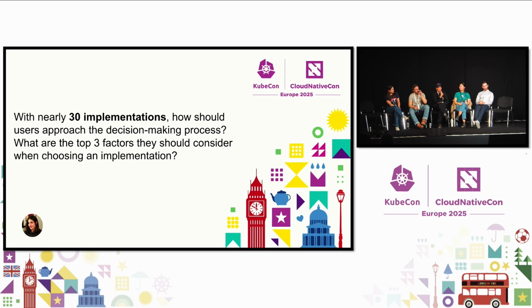So coming up with 3 factors is hard. Let me break it up into 3 steps, and hopefully eliminate from 30 to 5 to 7, then from 7 to 3, and then 3 to 1. Step 1 would be feature parity, aka spreadsheet time. This is where you jot down all your use cases and map them to implementation capabilities.